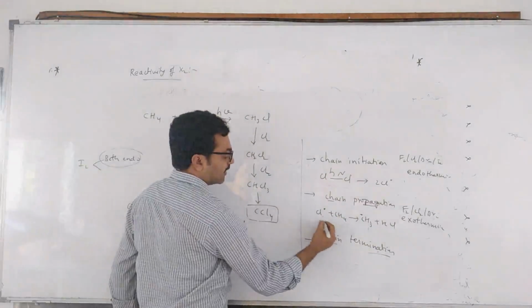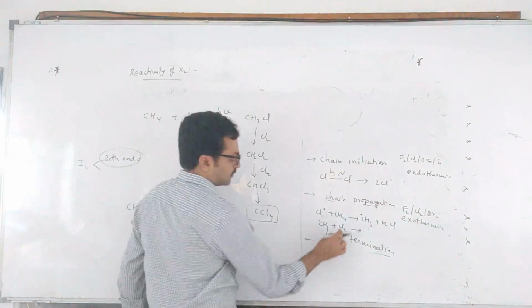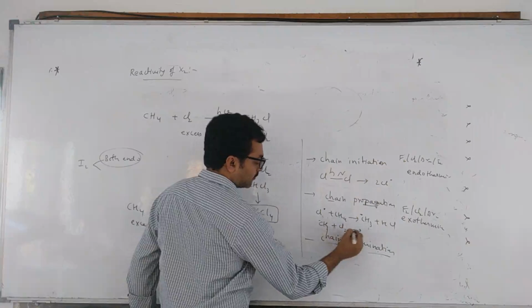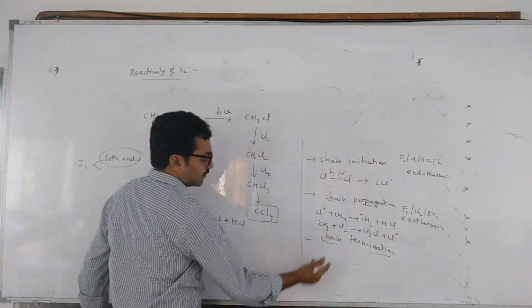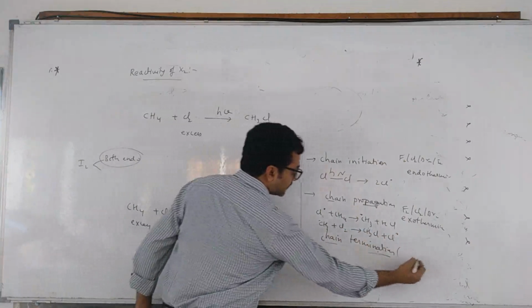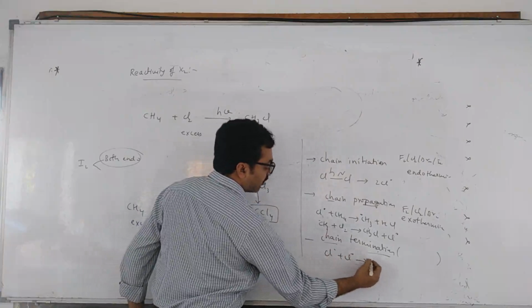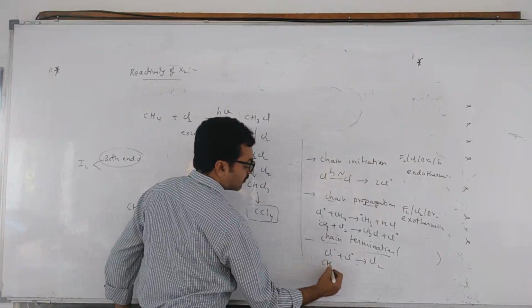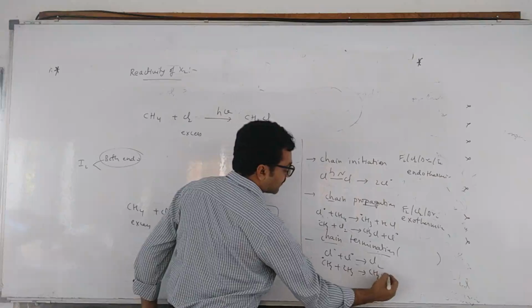This methyl radical will react with chlorine again to form methyl chloride plus chlorine radical. That is the propagation step. In the termination step, whatever radicals are there, they will form normal molecules, children. Whatever radicals are there, they will form a dead end step.